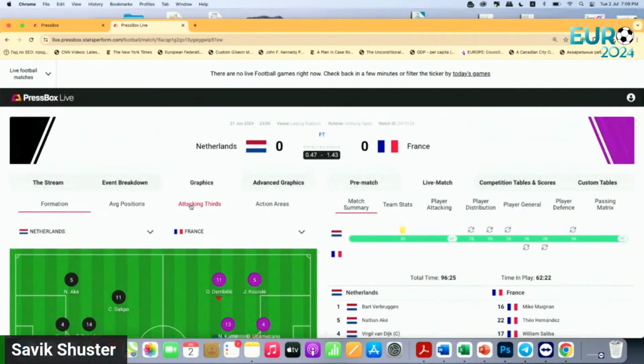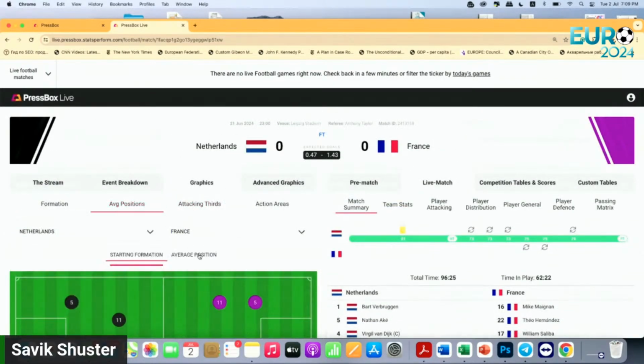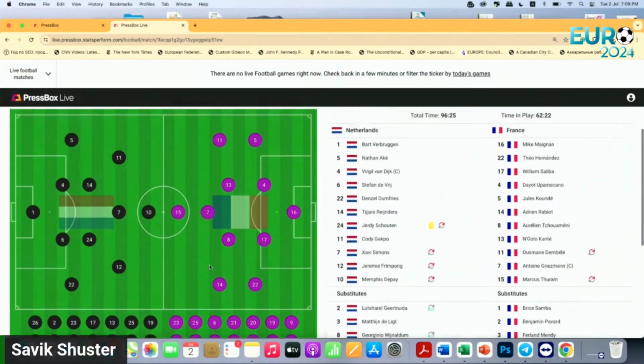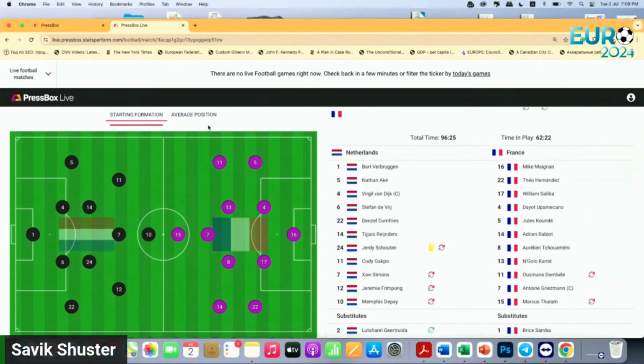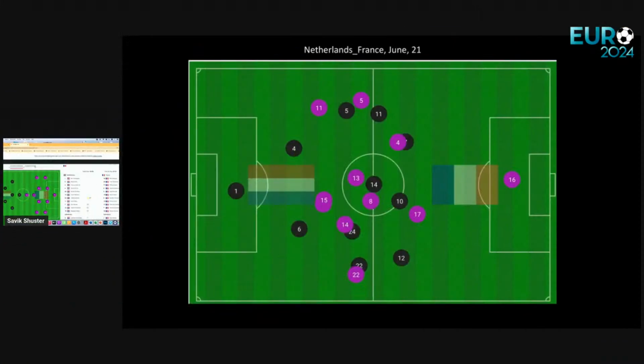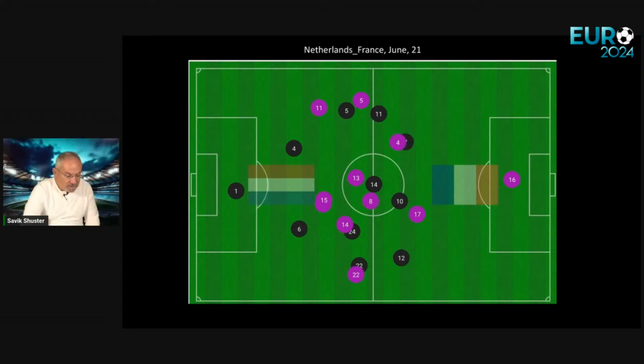And if we have a look at average positions, you see that both teams, Upamecano here and Saliba of France, now you have two defenders, not like with Poland, where you have De Vries and you have Van Dijk.